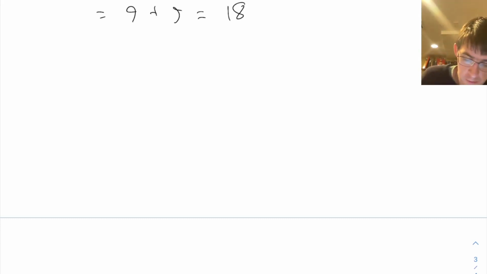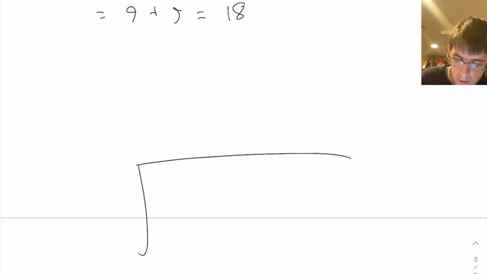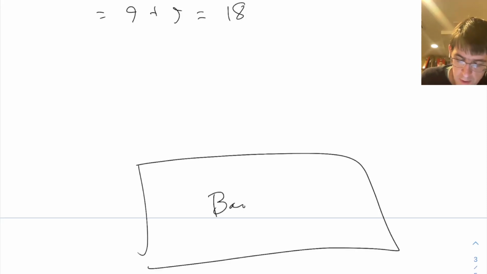Okay, so here's the setup. Like here's the barn down here. And the fencing along the west side is shared with the neighbor who will split the cost of that portion of the fence. So the fence goes like this.